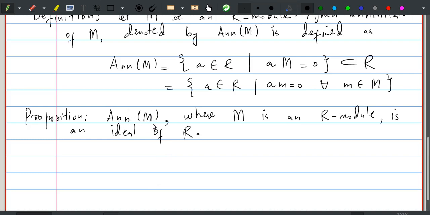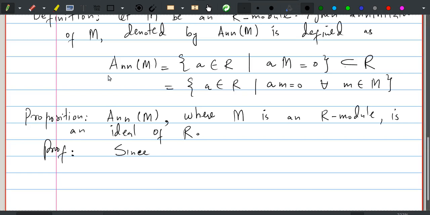What we have to prove is that this is closed under addition and scalar multiplication. So let us prove this in favored lines.